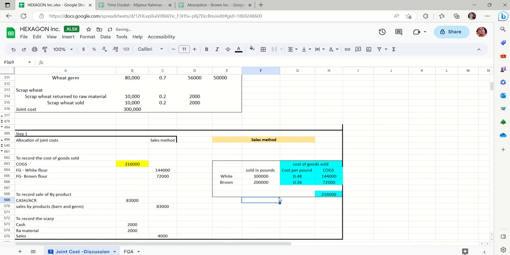We're dealing with the cost of goods sold. These accounts. This is the cost you incurred. So you debit 216,000 as cost of goods sold. Since you sold it, you'd have to take it out from your inventory. So for your inventory with white flour, you credit this amount, 144,000. With brown flour, you credit 72,000.